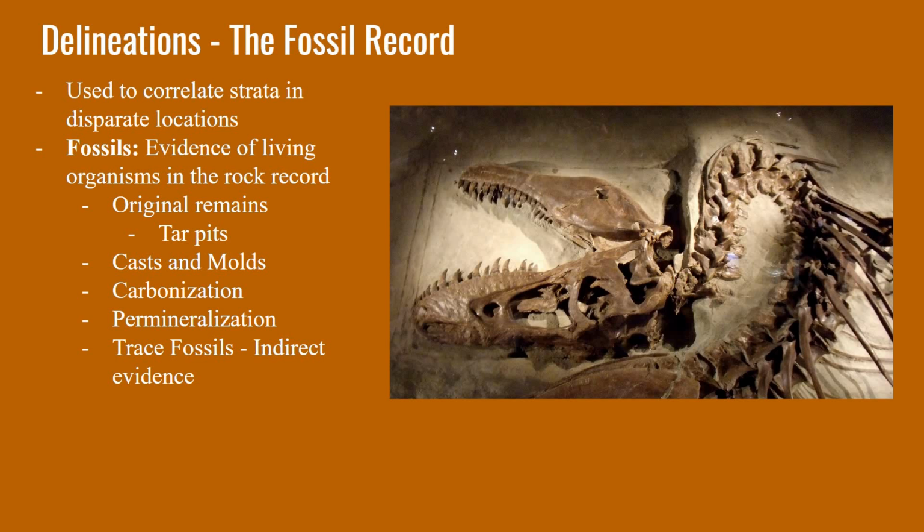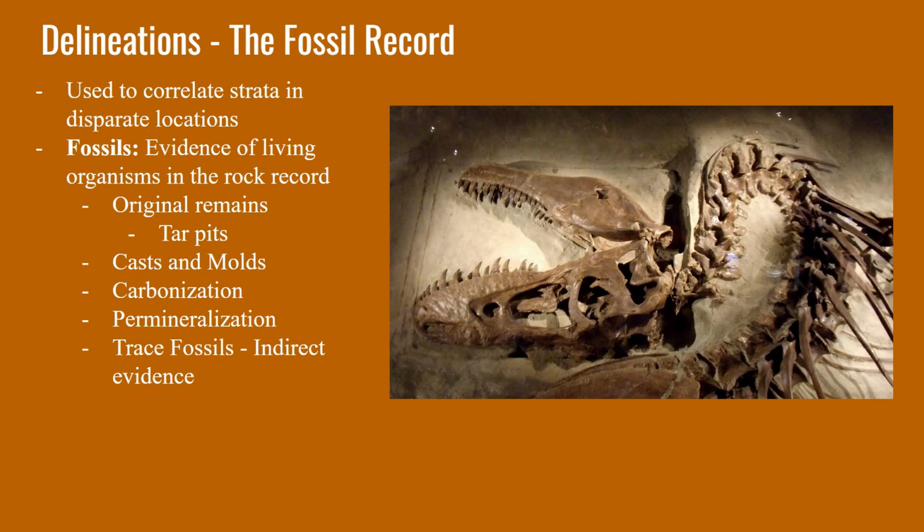But it's also important to note, when you're working with fossils, that fossils are any evidence of living organisms in the rock record. So you can have fossils that preserve the organism itself, divided into types like original remains, like you'd find in a tar pit, chasm molds, carbonized fossils, or permineralized fossils in the rock, and you can look up what all of those mean.